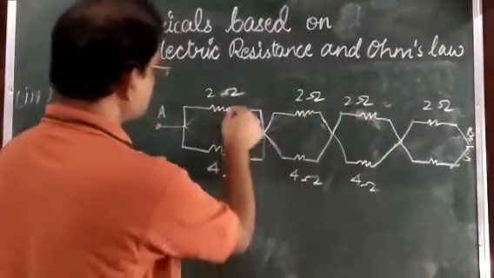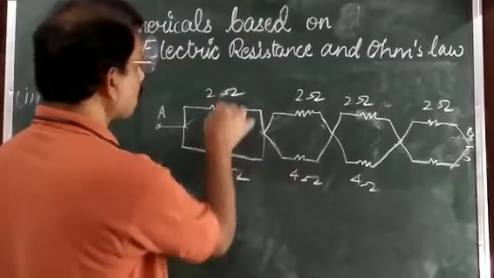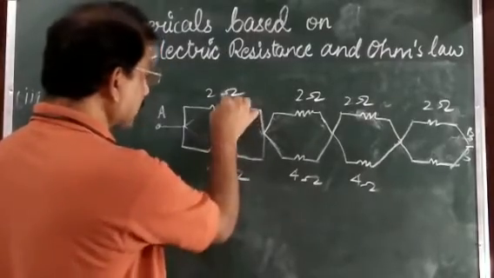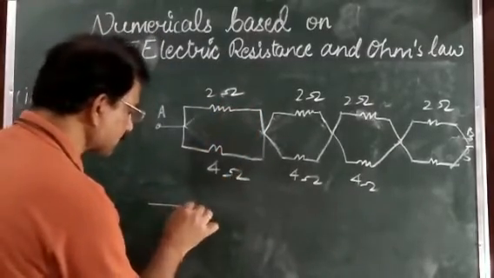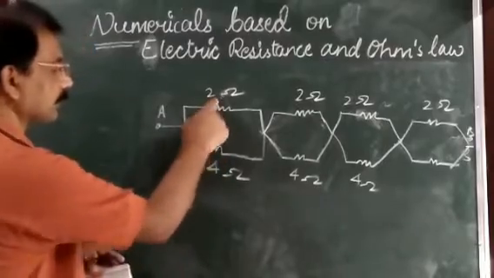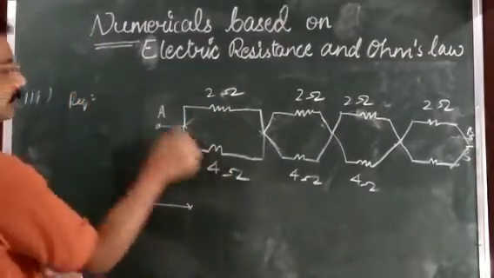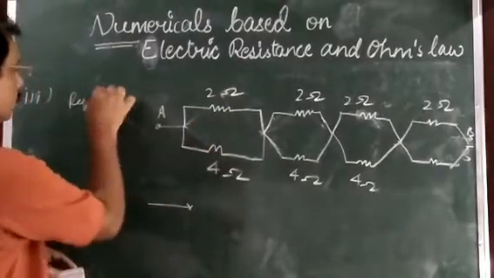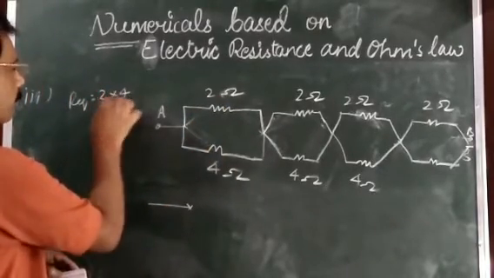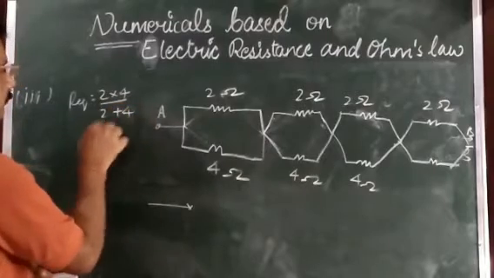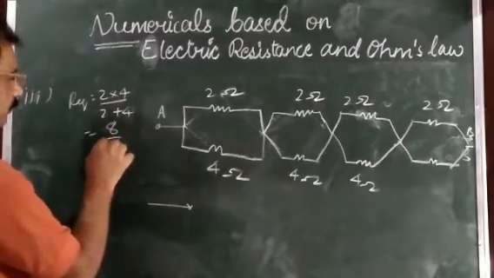So simply you can say 2 ohm, 4 ohm, both are in parallel. Their equivalent can be given as, what formula I have told you for two resistances in parallel. R equivalent you can find 2 into 4 upon 2 plus 4. It means 8 by 6.